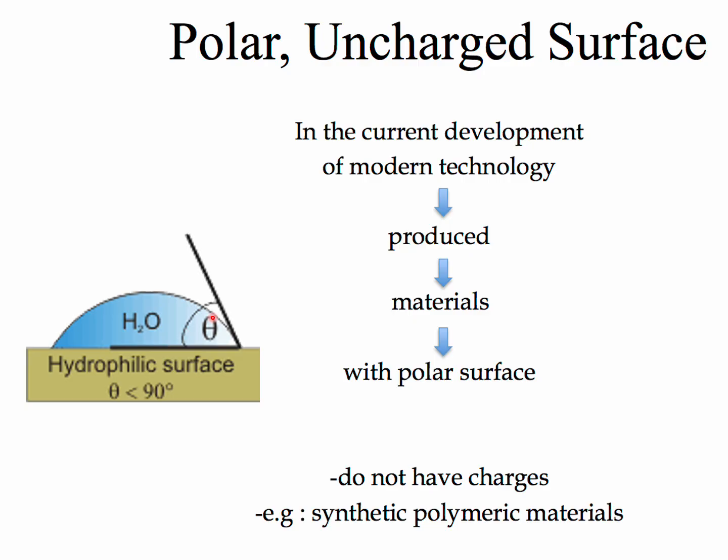So this indicates that the surface is hydrophilic, meaning it has good interaction with water. Even though these surfaces are polar, they do not have discrete surface charges. Therefore, the interaction between the surface and molecule in solution is stronger than in non-polar system, but weaker than in fully charged surface.